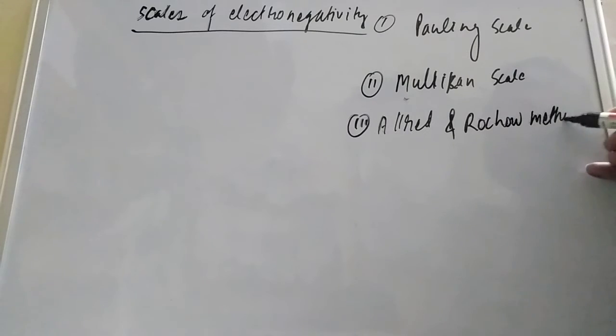Dear friend, let us study all these methods one by one. The first one is the Pauling scale, the most feasible one that we use in the calculation of electronegativity.